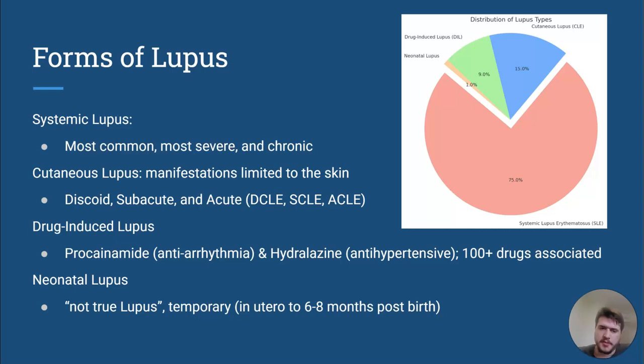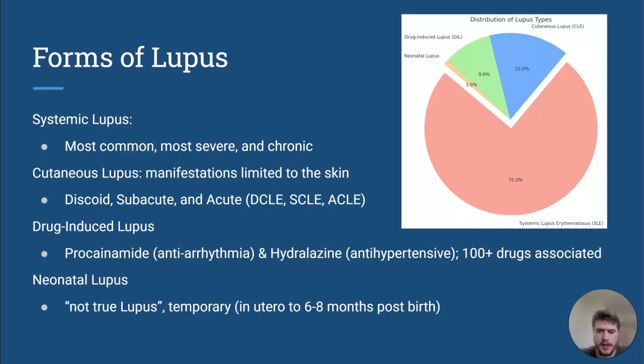So, going back to those forms of lupus, we have systemic lupus, which is the most common, occurring in about 75% of all cases. It's also the most severe and chronic. And cutaneous, as the name implies, will only affect the skin. It has three subcategories of discoid, subacute, and acute. And then drug-induced lupus presents as systemic lupus.